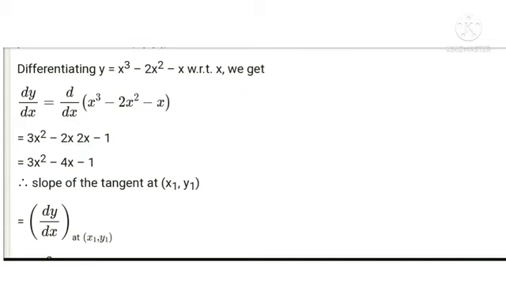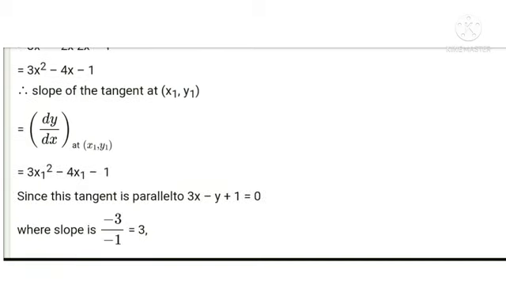So we get 3x square minus 4x minus 1. Therefore, slope of tangent at (x1, y1) is given by dy by dx at (x1, y1). So you put x1 in the place of x and y1 in the place of y. So we get slope of tangent is 3x1 square minus 4x1 minus 1.